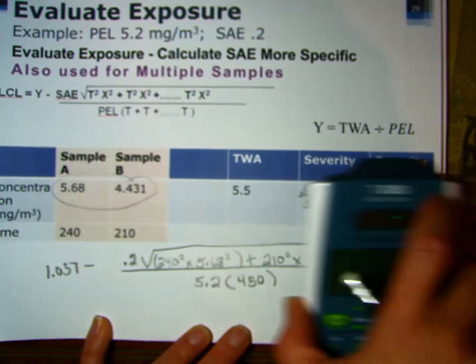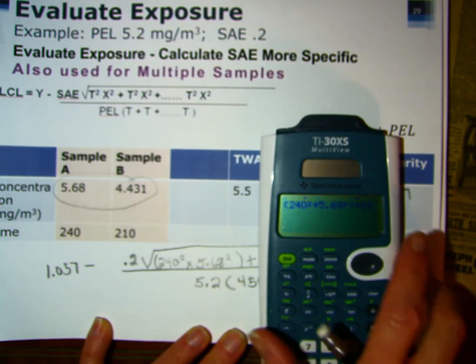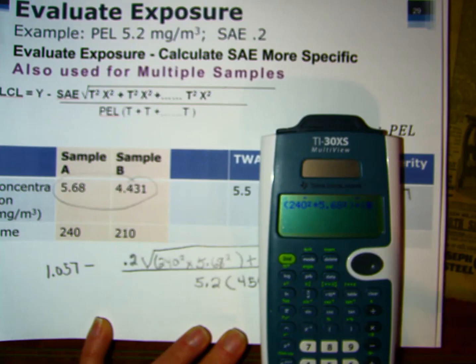So I'm going to start with our calculation of 240 squared times 5.68 squared, close parentheses, plus we have our 210 squared plus our 4.431 squared, and I close those parentheses.